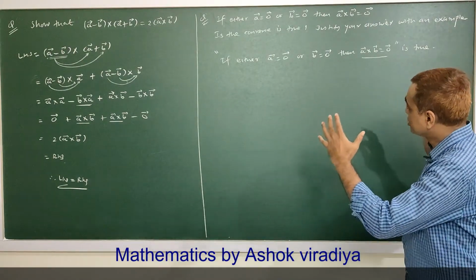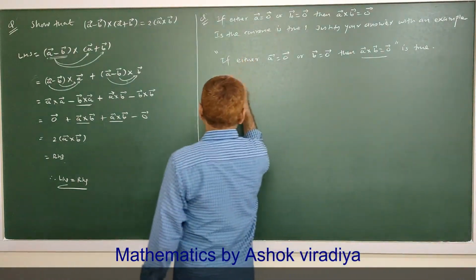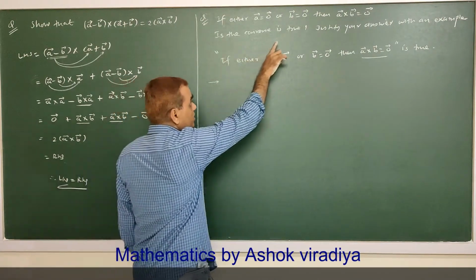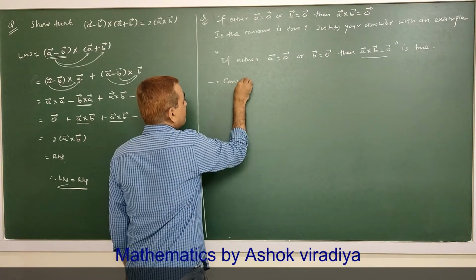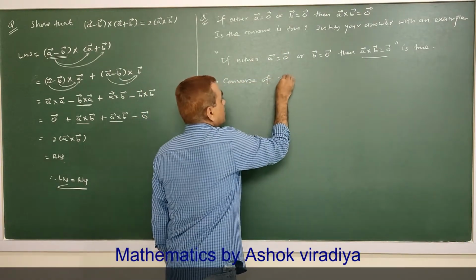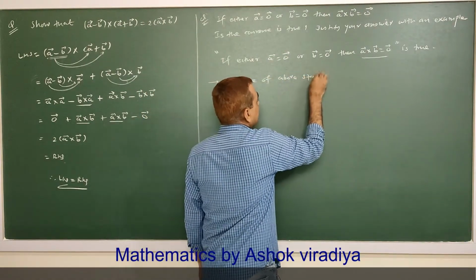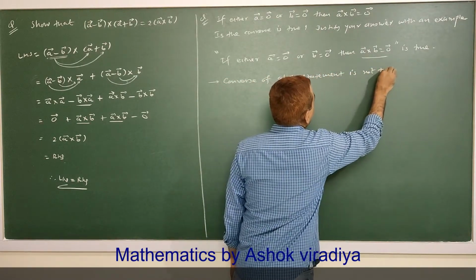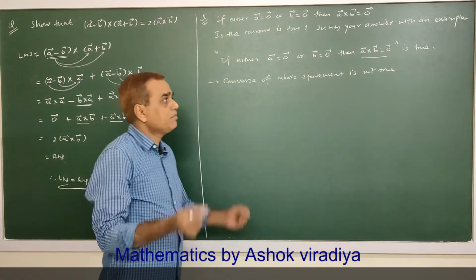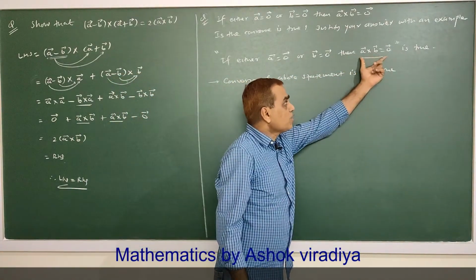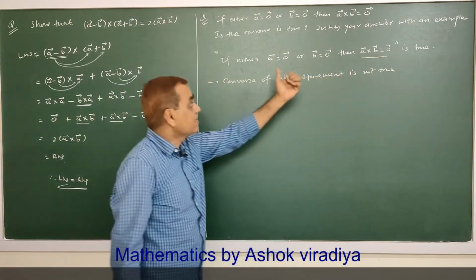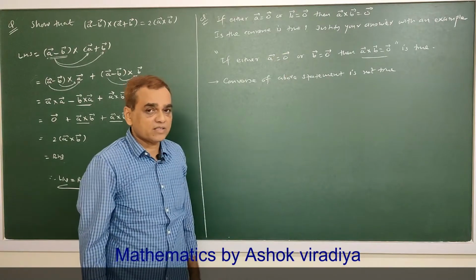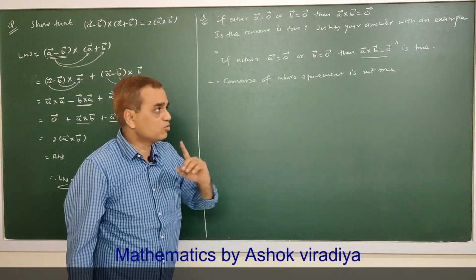Now, is the converse true? No. The converse of the above statement is not true. It means if cross product is a zero vector, then vector A is zero or vector B is zero vector. That is the converse, it is not true.